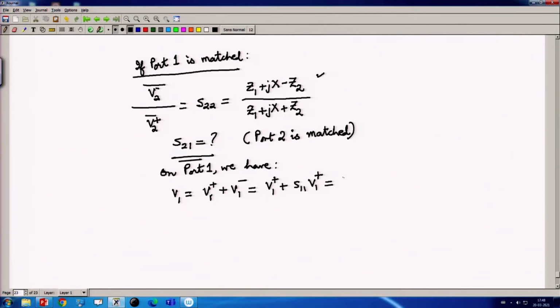And that is equal to V1 plus (1 plus S11).